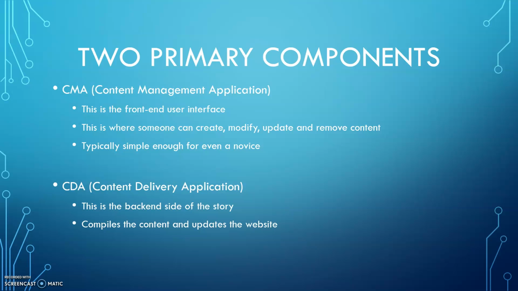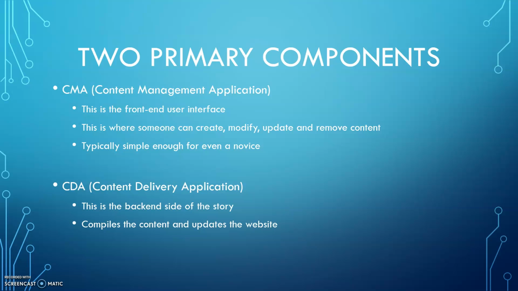Every content management system has two parts. There's the CMA, which is the content management application. This is pretty much everything that you see as the user. It's the front end user interface, the graphic user interface, everything that is presented to you as the consumer.